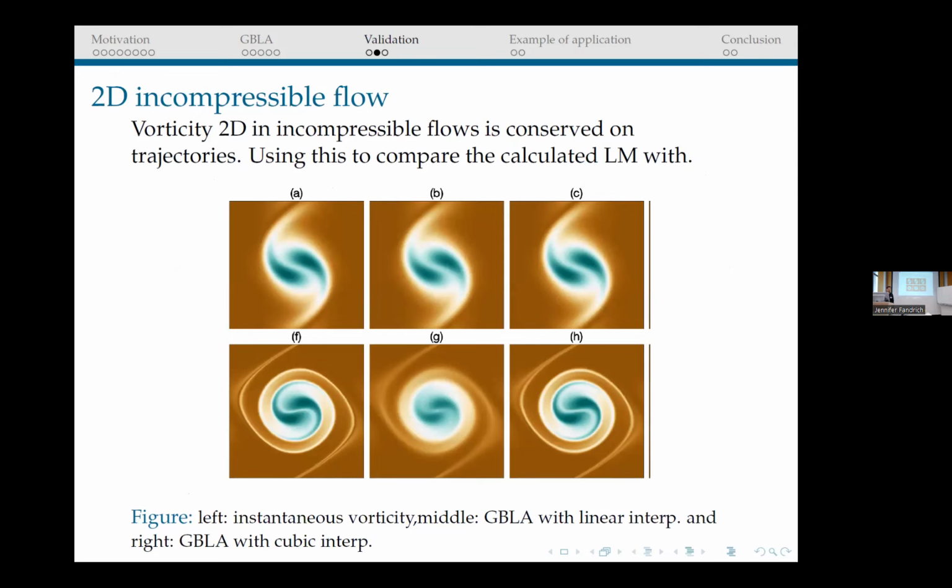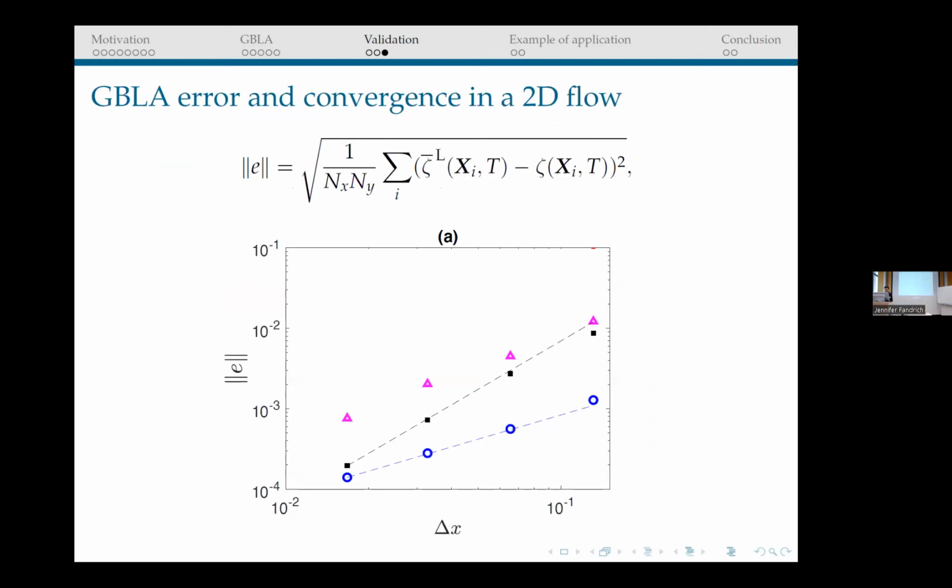But for the full calculation of the Lagrangian mean, you also use the same delta x. Yeah. So let me go to the next slide I explained to you. Here I'm just being more quantitative for the 2D flow.